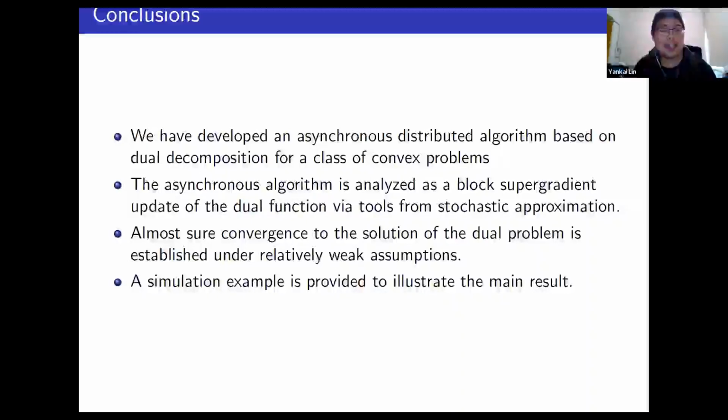The asynchronous algorithm is analyzed as a block supergradient update of the dual function, and its proof is via ODE approaches from stochastic approximation. We almost surely show convergence to the solution of the dual problem under relatively weak assumptions on the step sizes, the cost functions, and the updating schemes. A simulation example is provided to illustrate the main result.